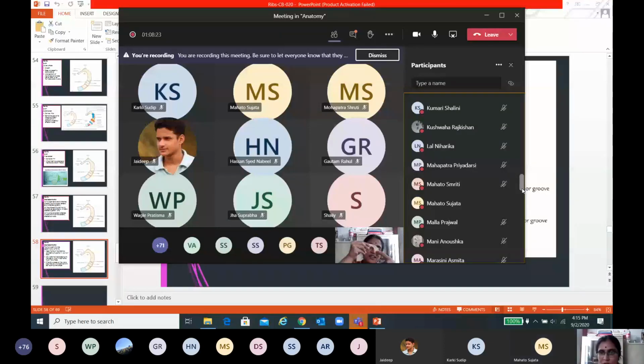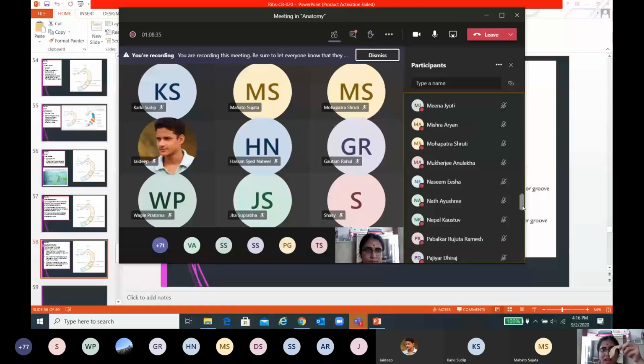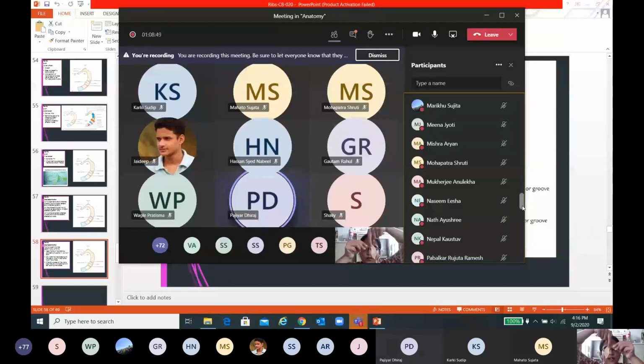Now, Dheeraj Panjiar, are you there? Yes, ma'am. In the posterior groove, see, this is the posterior groove. In the upper surface of the first rib, what is the name of the neurovascular bundle lodging in this posterior groove?